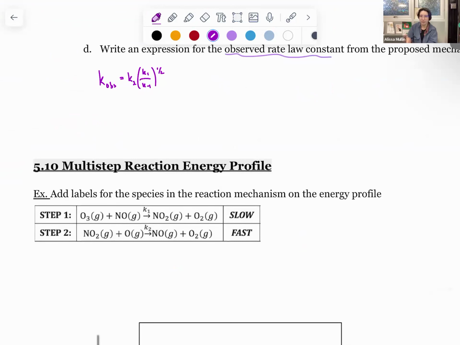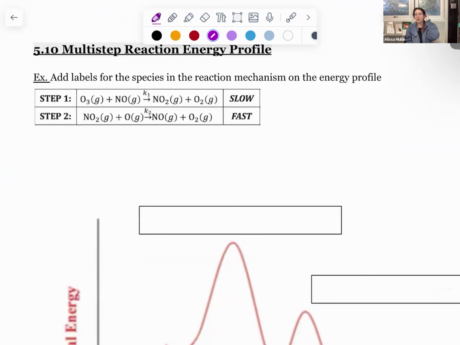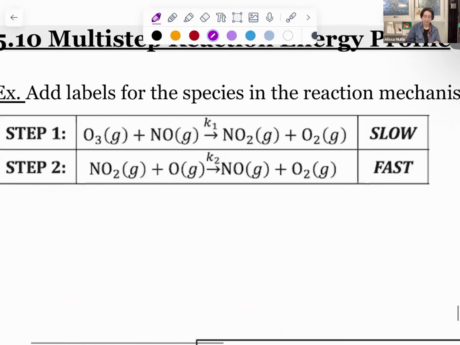We've already talked about this, but let's make sure we're all on the same page. How do you use a reaction profile to represent a multi-step mechanism? First, let's look at this mechanism and write our overall reaction to get that out of the way.